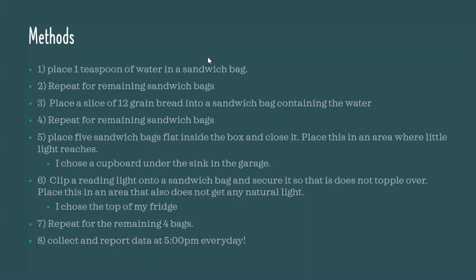So I set the reading light at 5 inches above the sandwich bag. And for 2 weeks, meaning 14 days, I collected and reported data at 5 p.m. every day. It was either me or someone in my family, but basically at 5 p.m. every day, data was collected and then noted down.